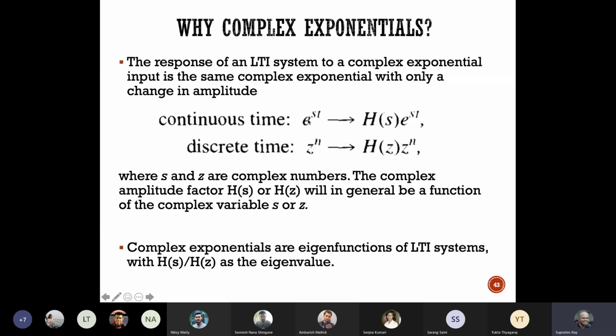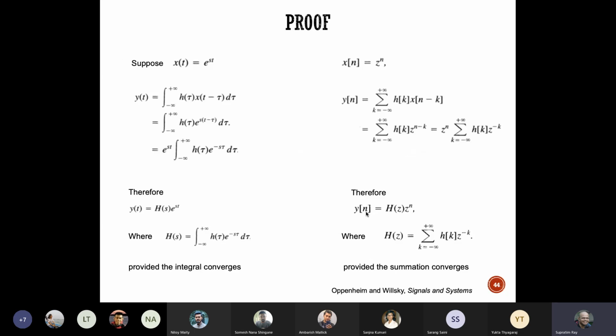But basically, if you give a sinusoidal signal, you will get the same frequency back. You can't get a triangular function or some delta. You can't get anything else if the system is LTI. So in linear algebraic terms, complex exponentials are eigenfunctions of LTI systems where this factor is the eigenvalue. Okay, so this is where we had stopped in the last class.